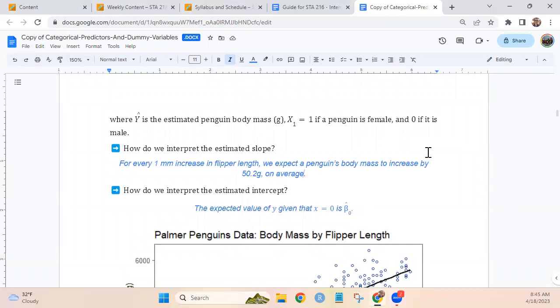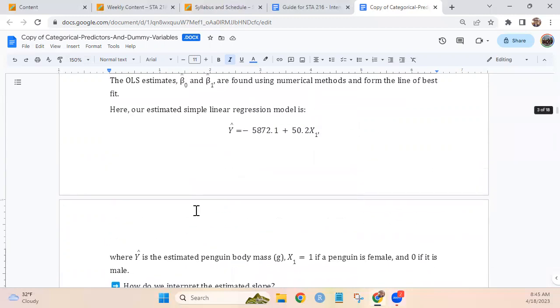What about the intercept? Anybody want to help us out there? Their flipper length is 0, the body mass is negative 5,370.